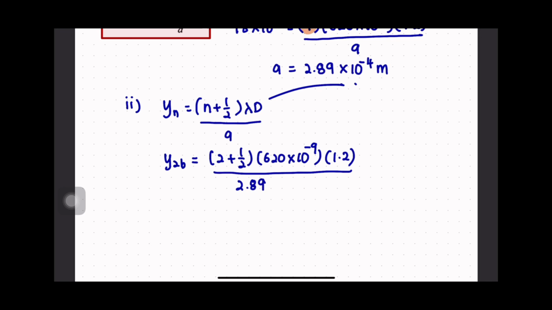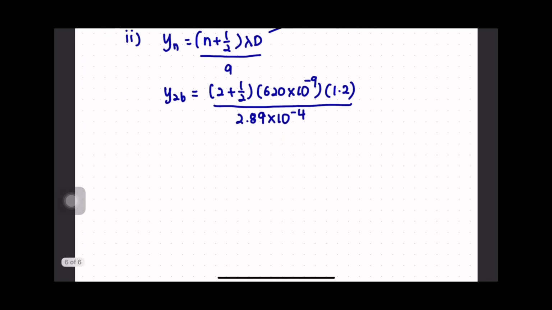So nak cari y2 bright: 2 plus half, lambda is 620 times 10 to the power of negative 9, D adalah 1.2, divided with 2.89 times 10 to the power of negative 4. So the answer is 6.44 times 10 to the power of negative 3 meter.